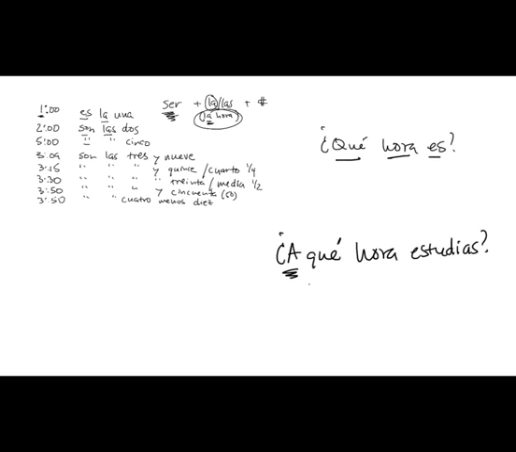Okay, so the response would be yo, and we'll see the conjugations of the AR verb soon. Yo estudio a, and then you just go back up here and you use the la or las plus the number. Okay, la or las plus the number. So estudio a las tres, meaning I study at 3.